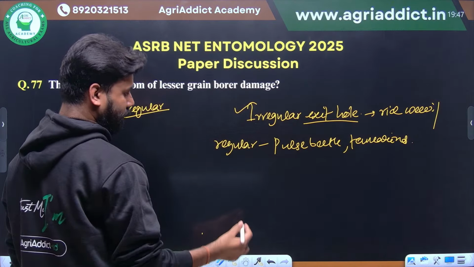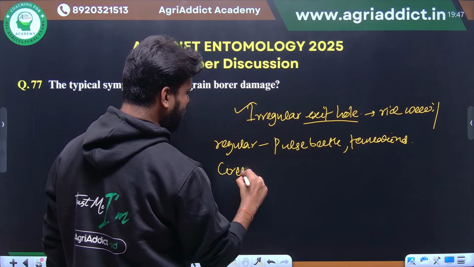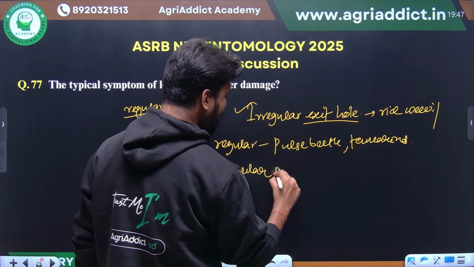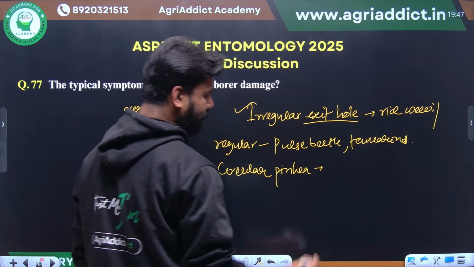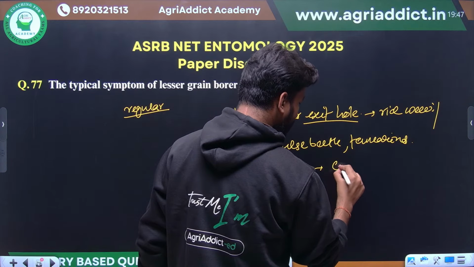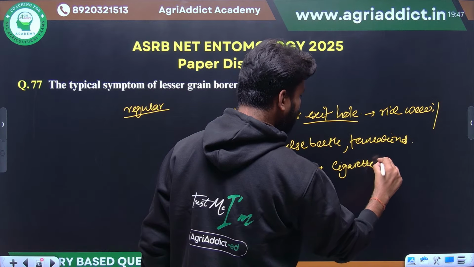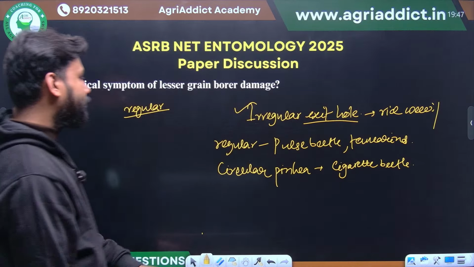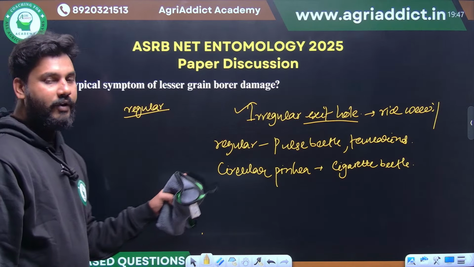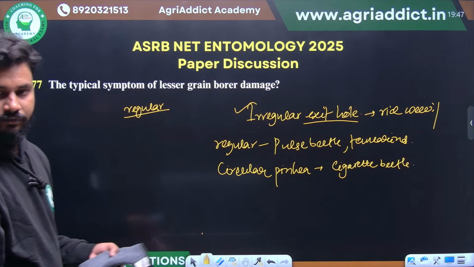Then circular pinhead size hole, that is cigarette beetle and Stegobium paniceum, both. So this is also very important. You note down these things. This is very important.